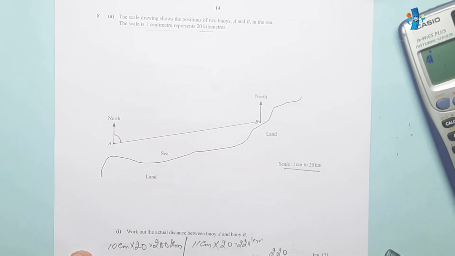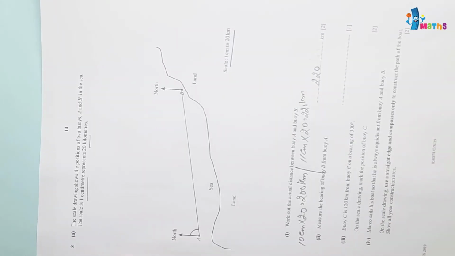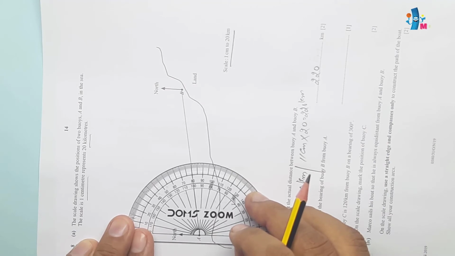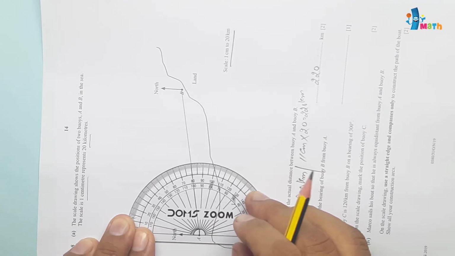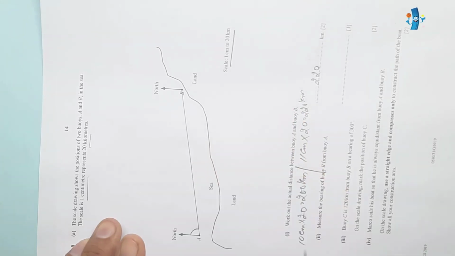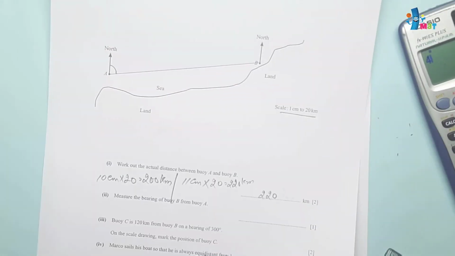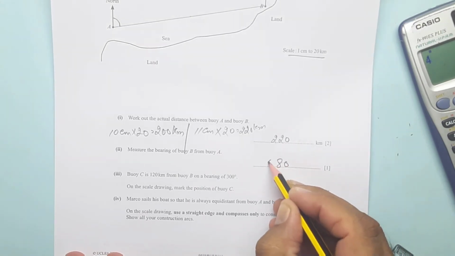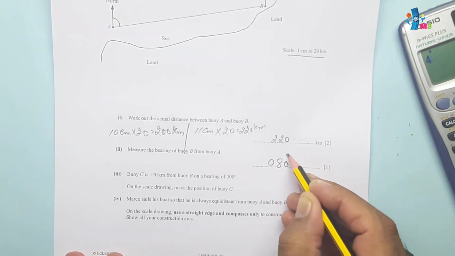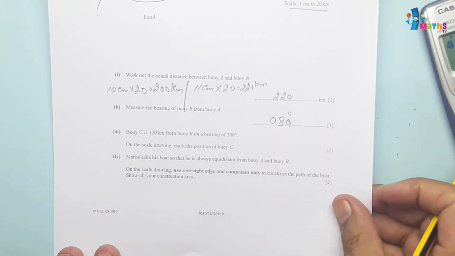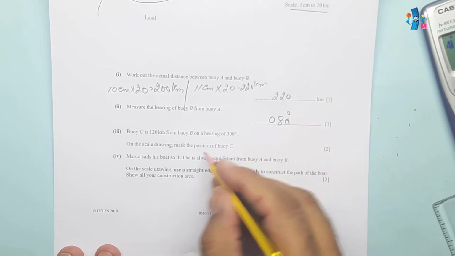So we can measure, this is the actual angle which we need to measure from here, and if you see, it is exactly 80. We will write 080 here, because in bearings it should be 3 digits. So we are adding 0 to that.